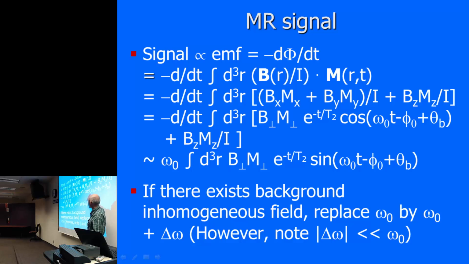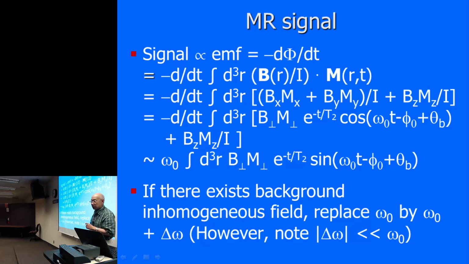Because remember, when you are picking up the signal, you don't have the transmitting RF field there. We turn it off. You just have the main field, and then you have a coil which picks up the signal from these spins. These spins are precisely on the transverse plane.